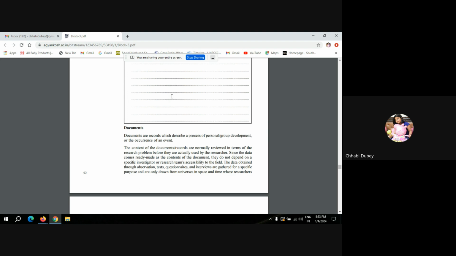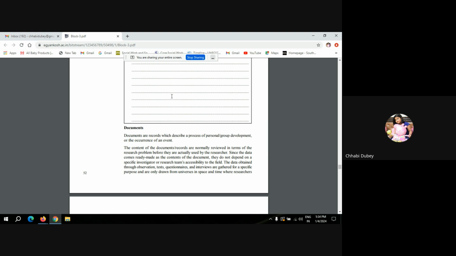Now, what do you understand by documents in research? Documents are generally records which describe a process of personal or group development or the occurrence of an event. Generally the contents of the documents are reviewed in terms of the research problem before they are actually used by the researcher. So whatever research problem we are looking into, we will assert the kind of document we will employ in order to record the data.